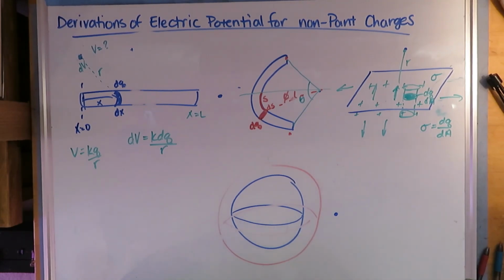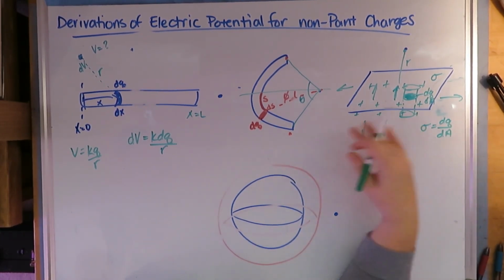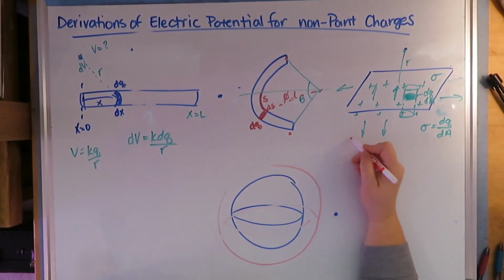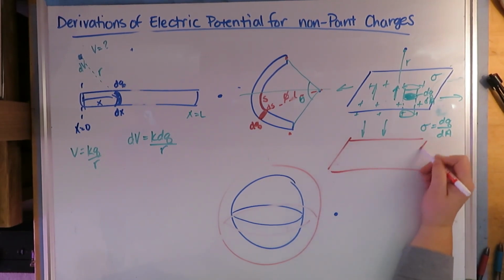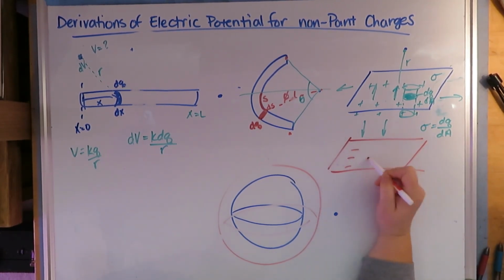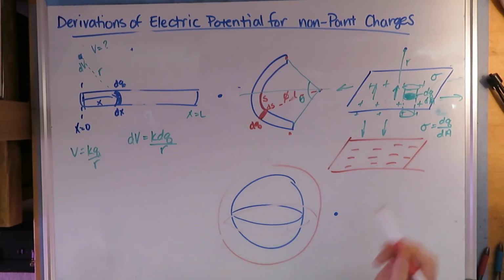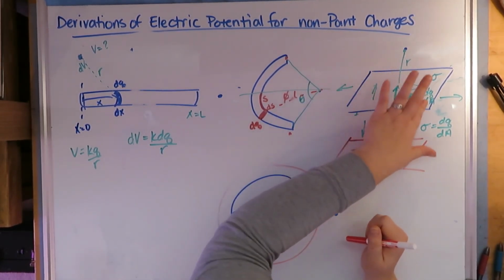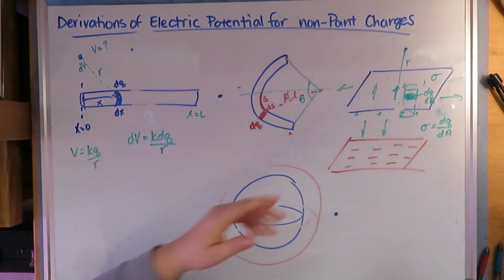So the big difference this unit is, since we are going to be looking more at capacitors, we're not often going to do just a single sheet in the end. We might start with a sheet, but then they might say, okay, now let's put another sheet here, and this one's oppositely charged. This one's a negatively charged sheet. What this does is it changes the distribution of charges, because the charges on the top of the sheet are going to move to the inside of the sheet.